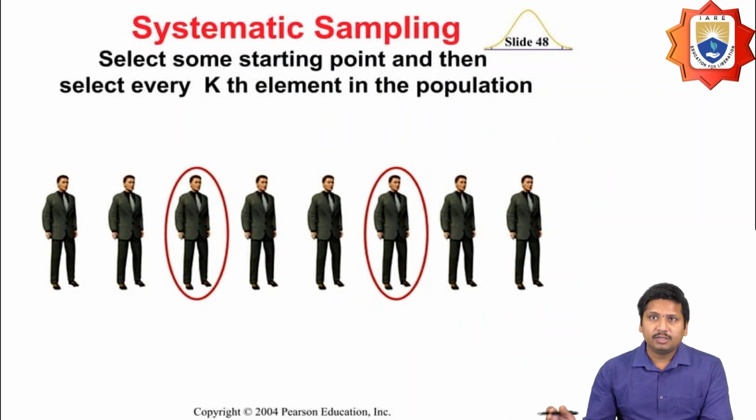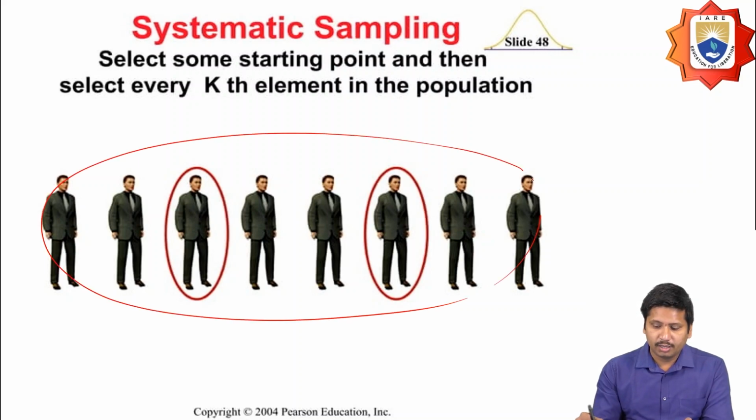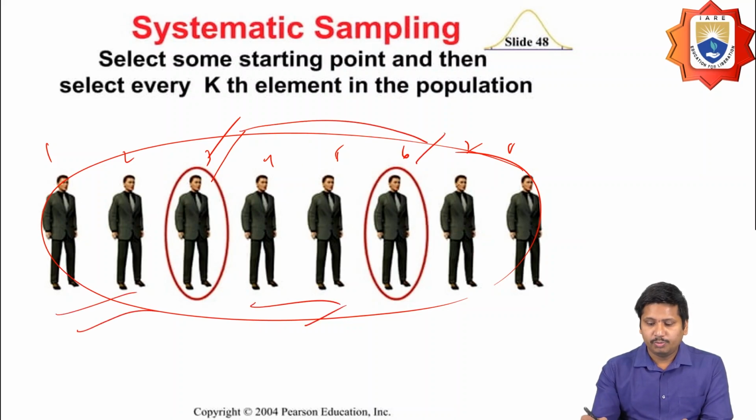And next one is systematic sampling. Here, among this data, I select only particular data, for example with a fixed difference. That is treated as systematic sampling.